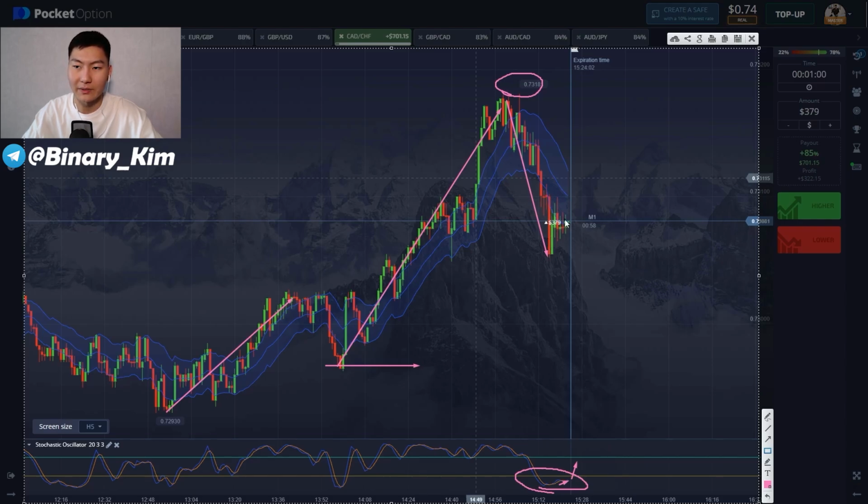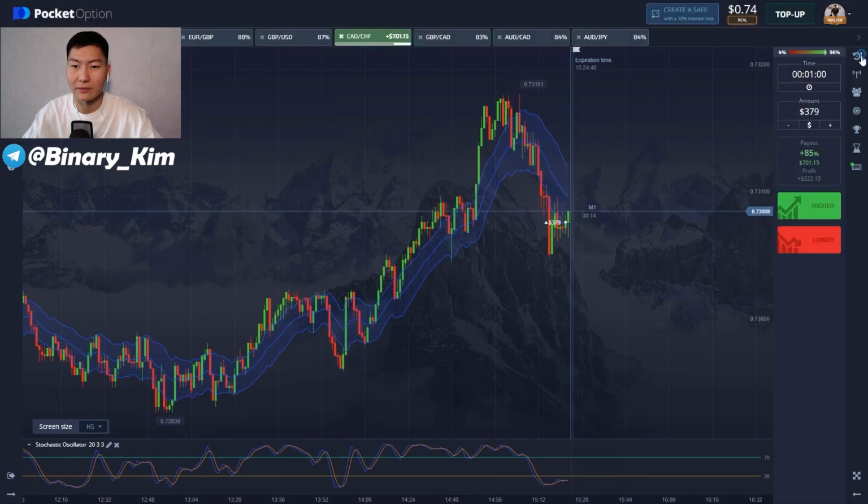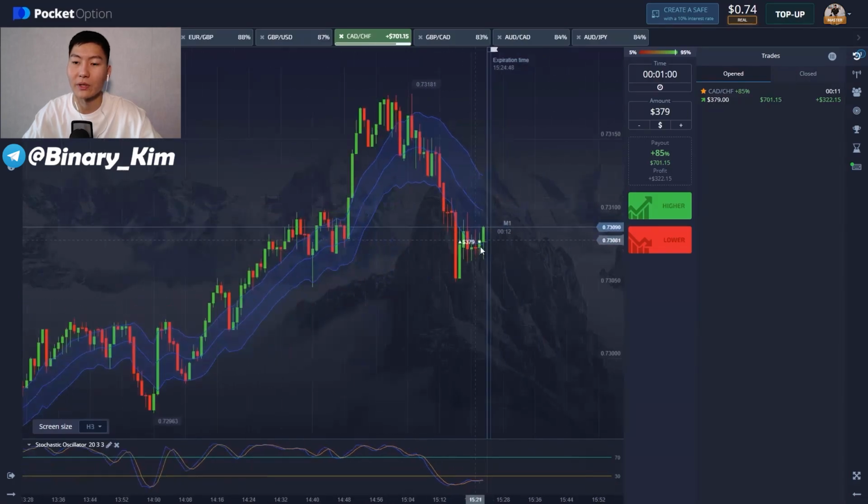Now the price is retesting the Keltner channel, and it's gonna enter this channel after all and continue going up in the near future. That's why we open the long position. We can also point out the candle has a long shadow, which is basically a bullish signal.